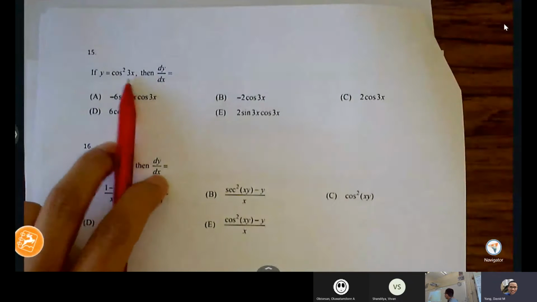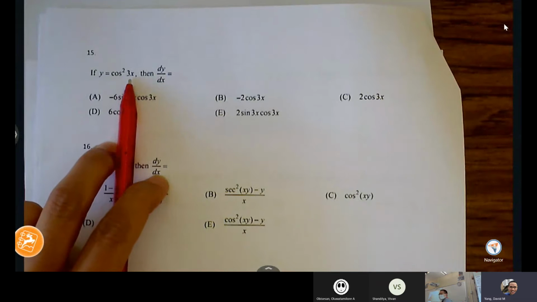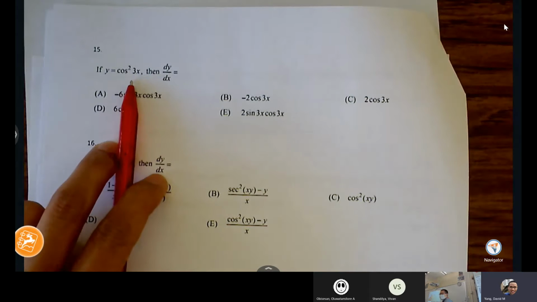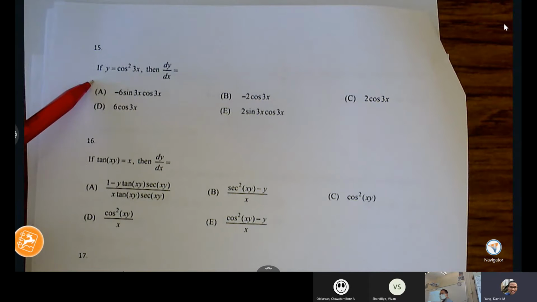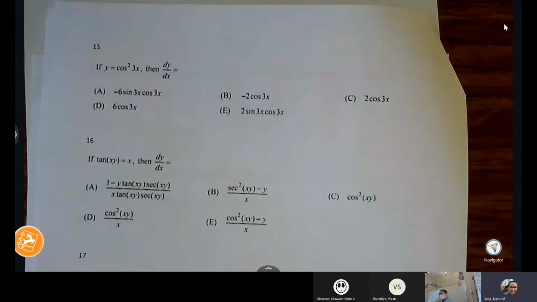This is a chain rule. You've got the outside, inside, and inner function. I think we saw this recently on the quiz. The chart that we had as well. What do you mean the chart?